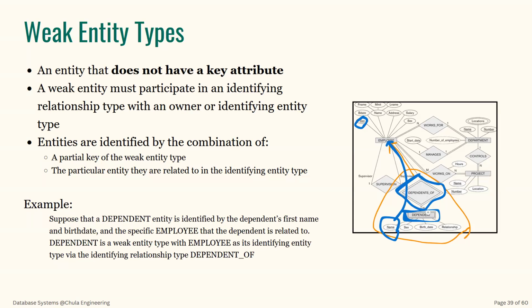Okay. But does every employee must have a dependent? No, because I have single line here. But if you look at the other side, if there is a dependent, it must have an employee because there's a double line there. Okay. And it's one to many because an employee can have many dependents, but a dependent has one employee. Okay.